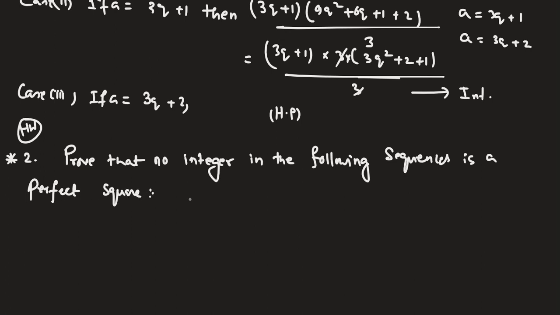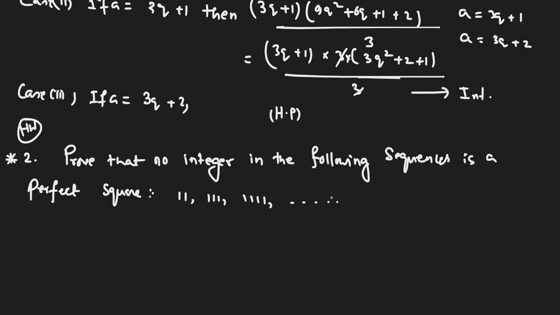So the sequence is 11, 111, 1111, 11111, in this way it is going on. So no term of this sequence is a perfect square.